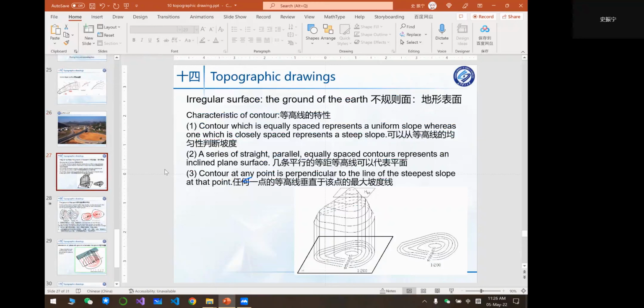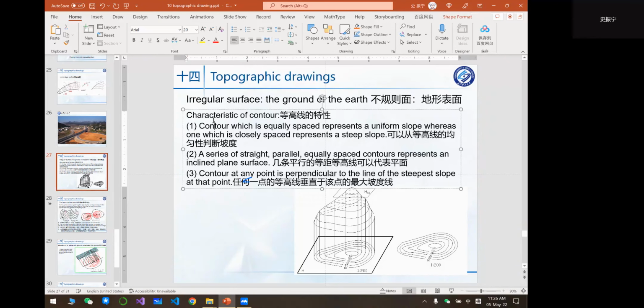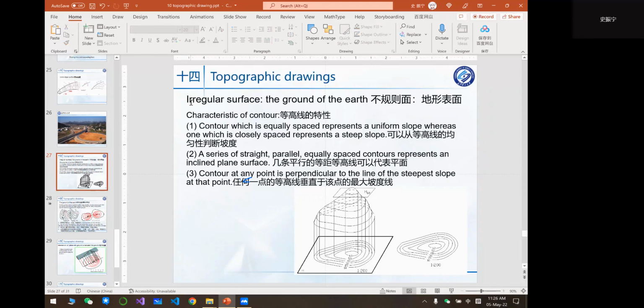Okay, so we have learned about the contour line of a plane, the contour line of a cone, and the intersection line of the plane and the surface of a cone, and then we are going to learn how to read the contour map, so it is the properties of the contour line of topographic maps.